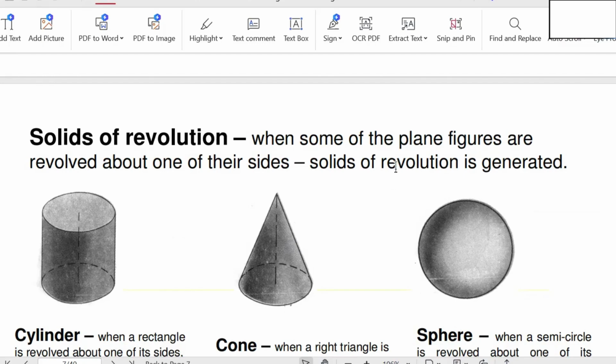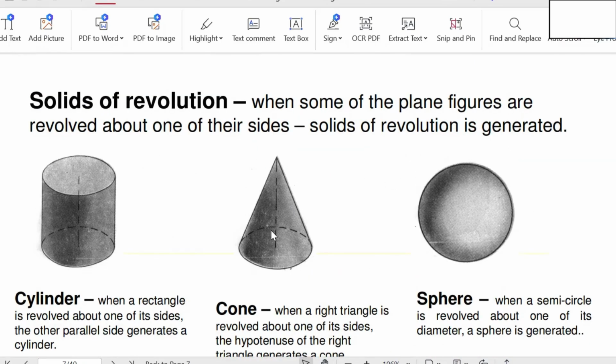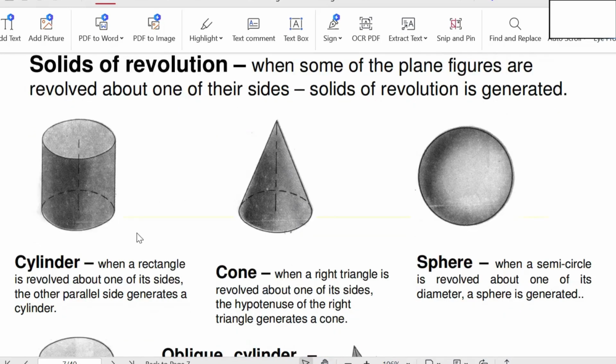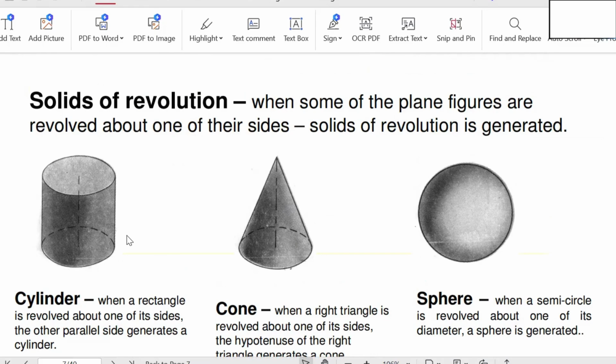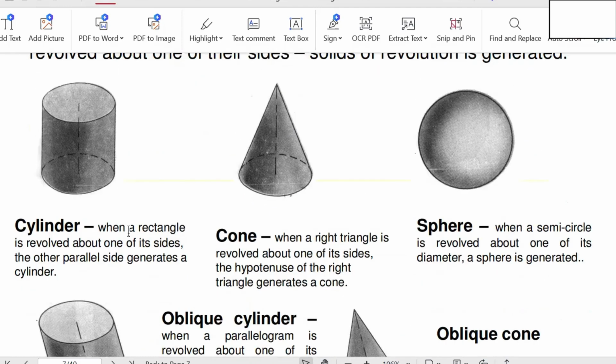In this, the first solid is the cylinder. What is a cylinder? A cylinder is generated by revolving a rectangular plane. One rectangle is considered, then the entire rectangle is revolved about one of its sides.